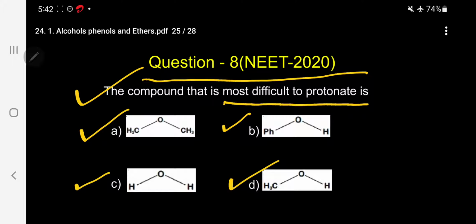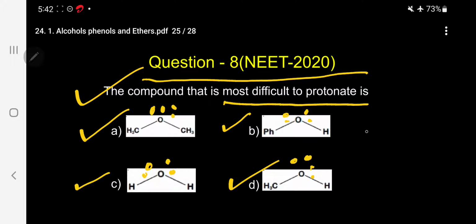If you think of water, there are 2 lone pairs. Diethyl ether, again 2 lone pairs. Methanol, again 2 lone pairs. And phenol, again 2 lone pairs. So all the 4 species have 2 lone pairs.